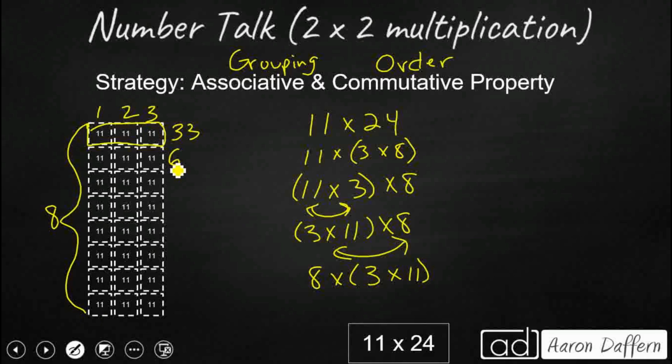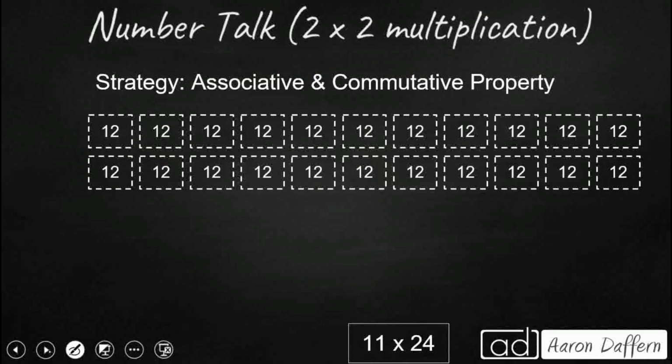So that's 33, that's 66, that's 99, 132, 165, 198, 231, and guess where we end up? 264. So that's the associative property working with the commutative property.